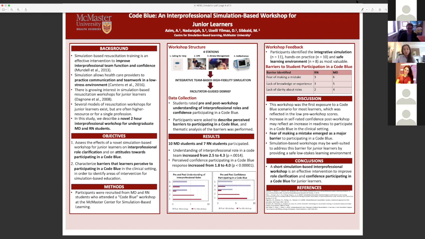So I think it actually would be very feasible to expand it to that and bring those students in. It's been done before, and it did increase readiness to collaborate in professional settings among all of these professions, and also an understanding of roles.